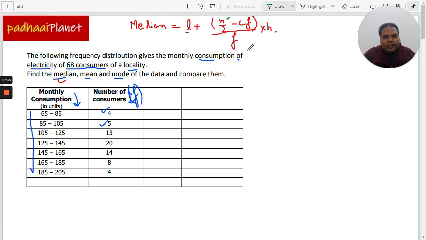L here is the lower limit of the median class.